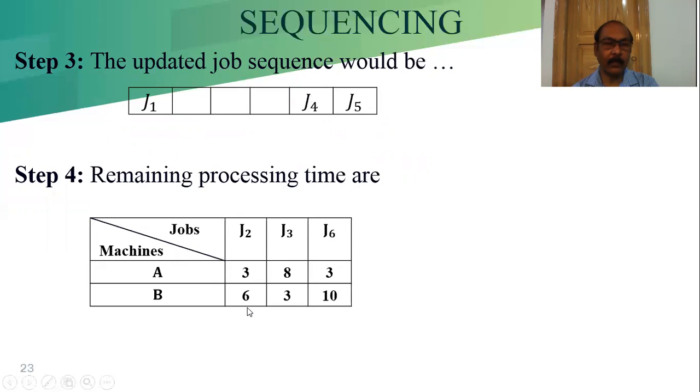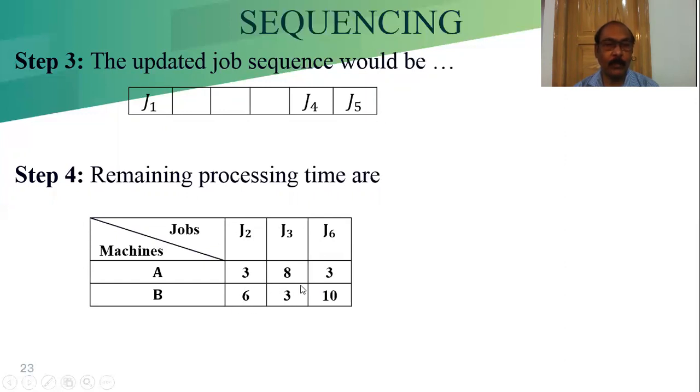Now from that we have to check again. This is 3, this is 3, and this is 3. So which one should come first and which one should go last? This 3 is J3, this 3 and this 3, and here the highest value is 10 and the lowest value is 6.